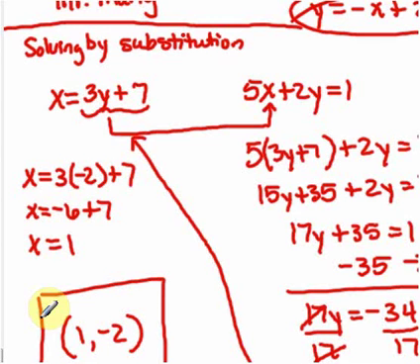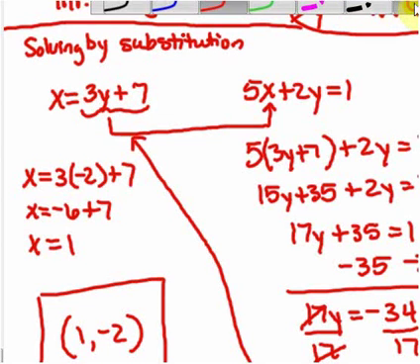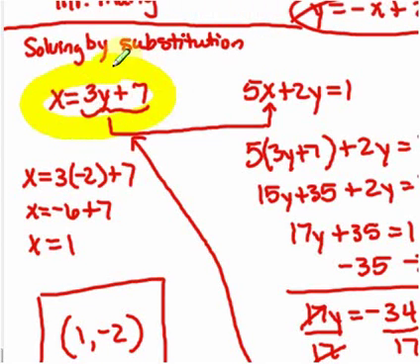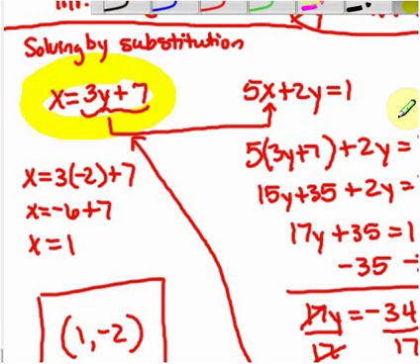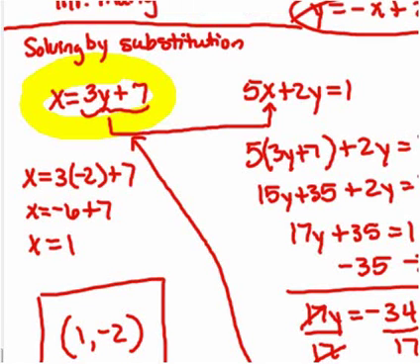Substitution is really easy when one of the equations is already solved for one of the variables. That makes it easy to start with substitution. Sometimes it won't be like that, and you will have to solve one of the equations for one of the variables.